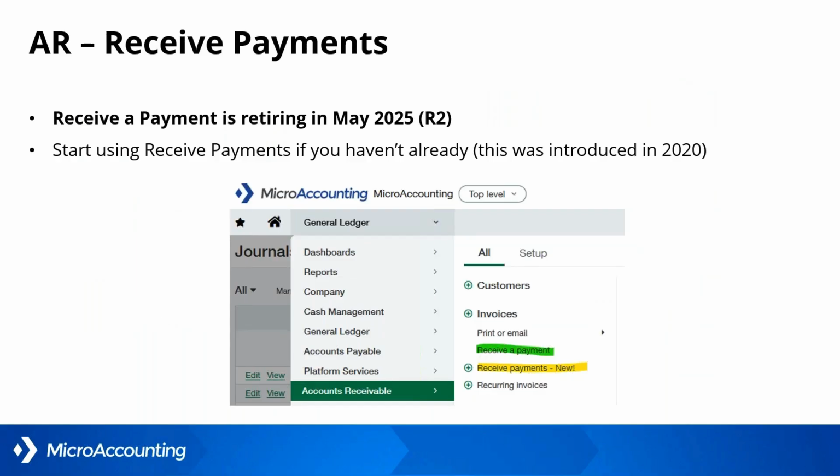Okay. This one is just a notice of the AR received payments. If you've been on the system for a while now, you have probably seen that there are two AR received payments options.